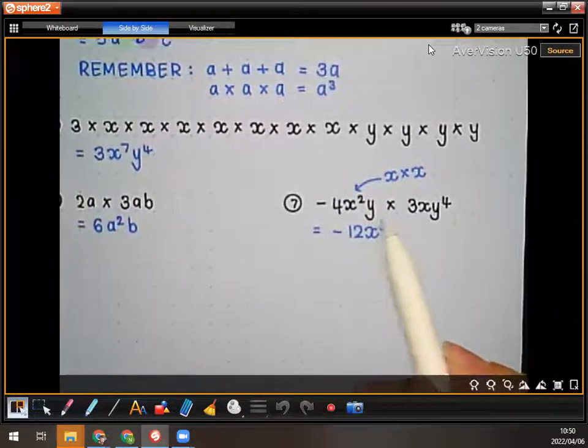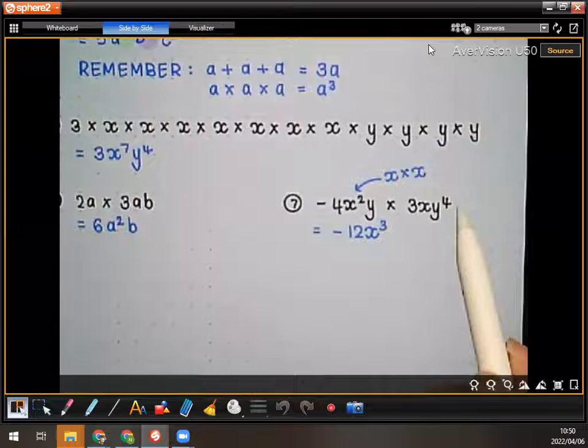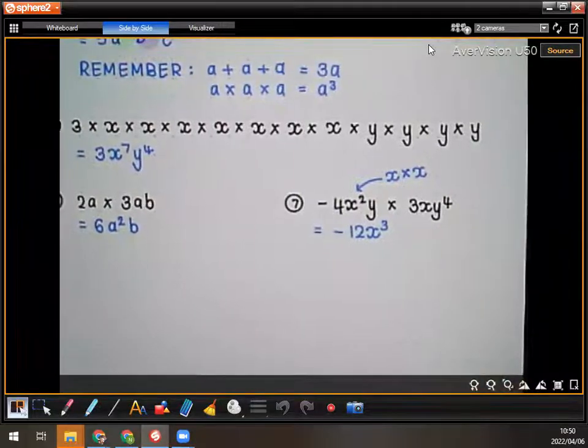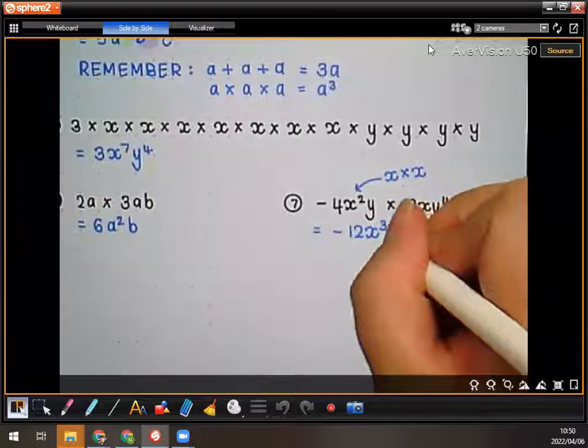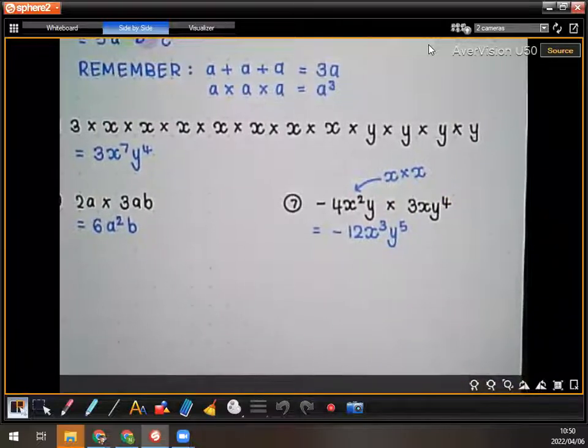There's 1 y here. How many y's do I have here? Y to the 4. That's 4 of them. So 1 and 4 is 5. So that is y to the power of 5. Any questions on that one?